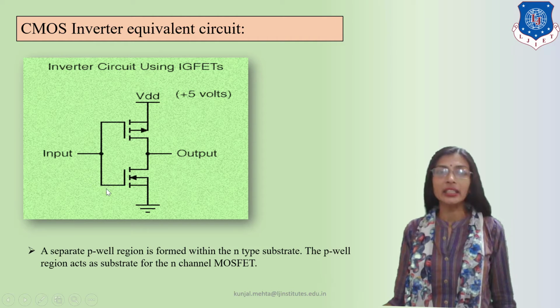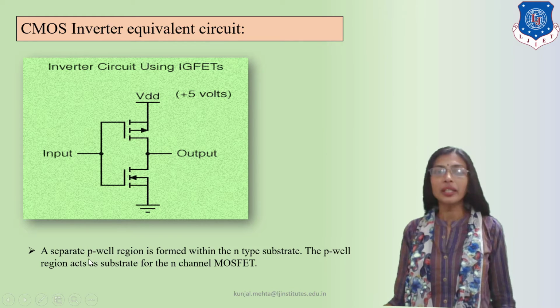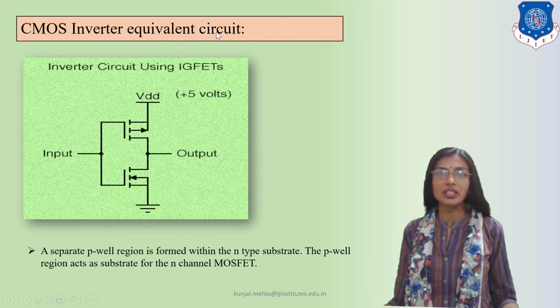And both gates are connected internally and one external terminal is there, that is known as input. So input is applied commonly to these two gate terminals. Drain voltage is applied like this VDD, that is 5 volt, and output is also collected from this common terminal. A separate P-well region is formed within the N-type substrate and the P-well region acts as a substrate for the N-channel MOSFET. So this is the equivalent circuit of CMOS inverter.